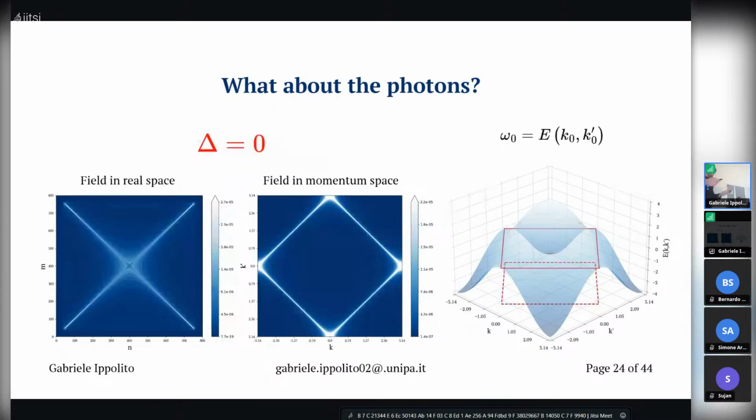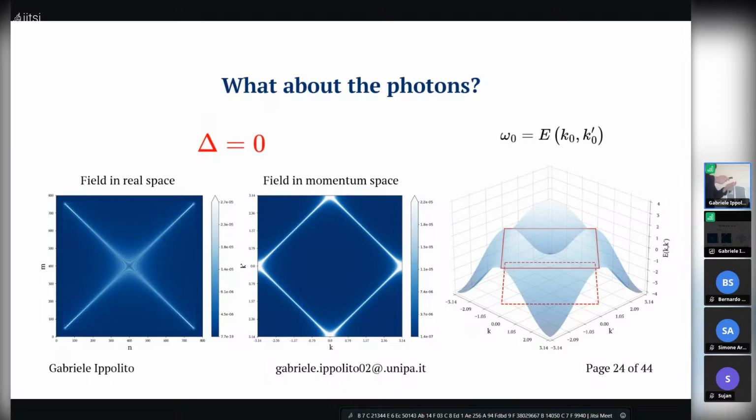We are in the worst scenario at the center of the band, in which the two-photon band is completely anisotropic, and we observe this very interesting pattern in real space that can be understood by this reasoning. We observe that the probability distribution of observing the two photons in the coupled cavity array is non-negligible only along this diagonal and this other diagonal.